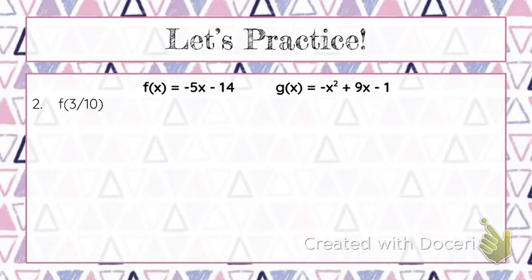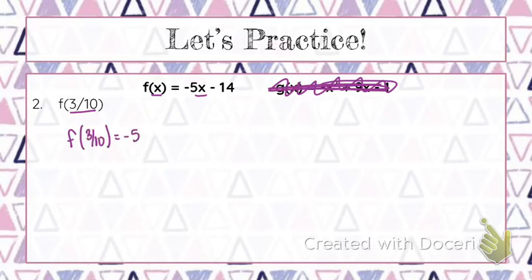All right, this problem also uses the f function, so we don't care about g. And it's f of 3/10. So everywhere there's an x, we're putting 3/10. So f of 3/10 equals -5 times x minus 14, but our x is 3/10.